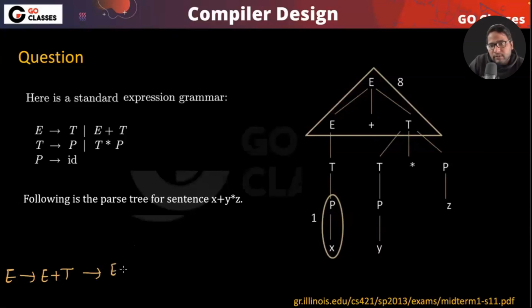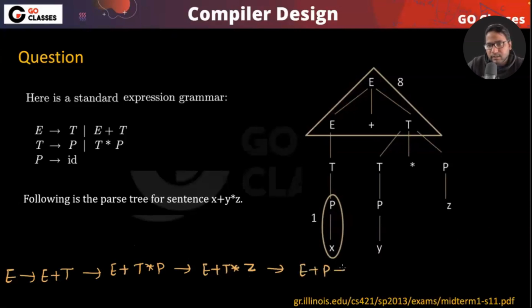So tell me what will happen. This T will be T into P. You are just mimicking this. Then this E plus T into Z. Then this capital T will be P and then Y, right?